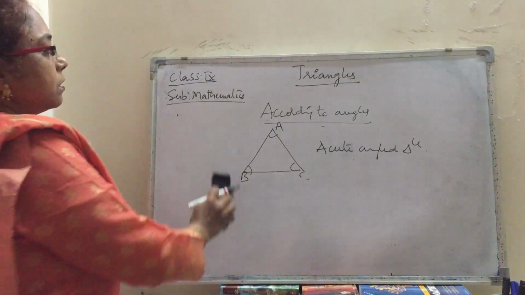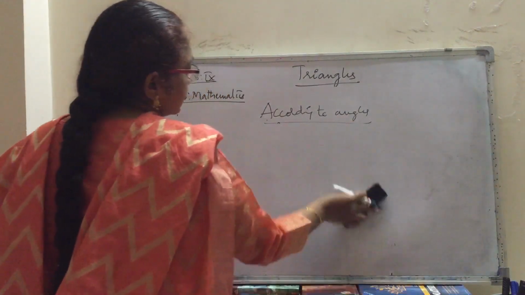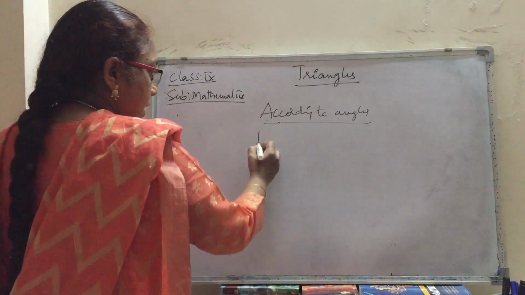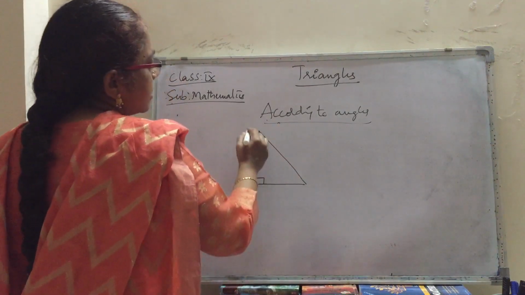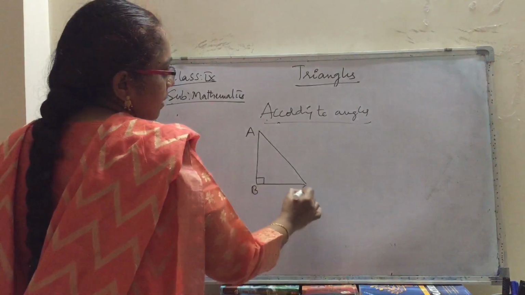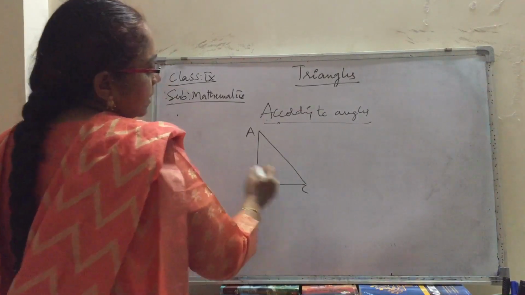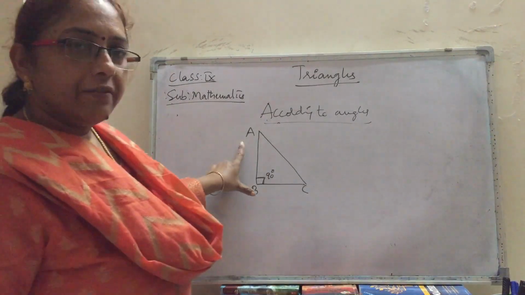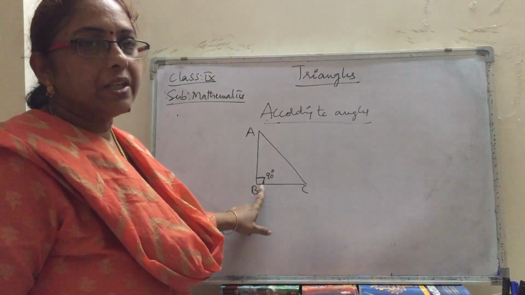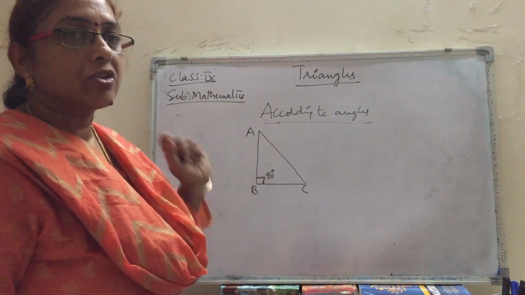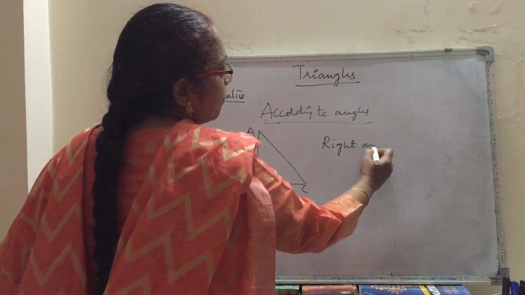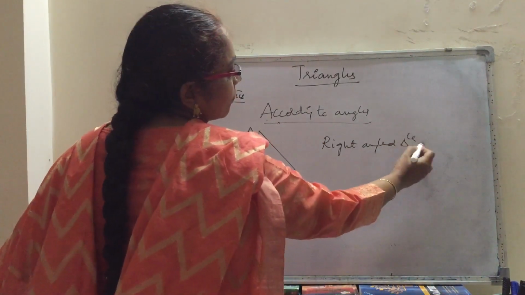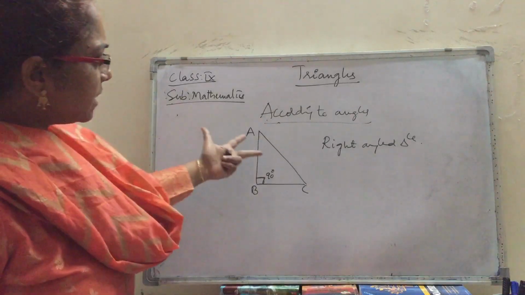Now, a triangle in which one angle is 90. See, here this marking indicates 90 degrees. A triangle in which one angle is 90 degrees is called a right angle triangle. What is it called? Right angle triangle. What about the other two angles?